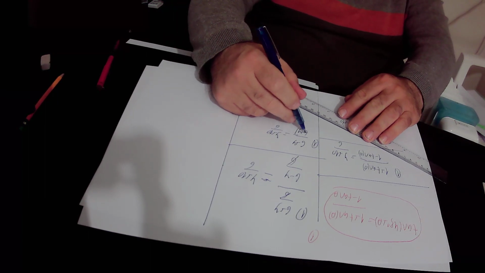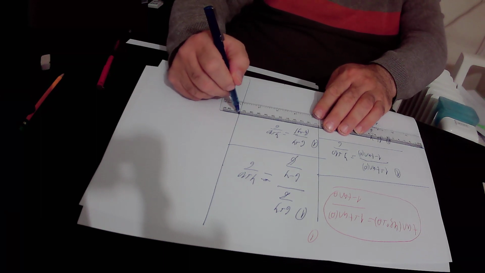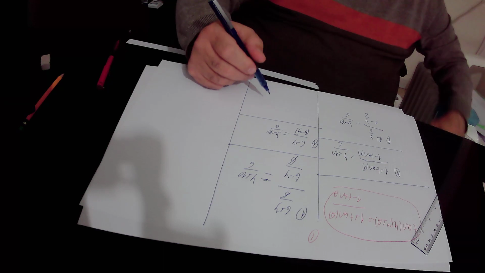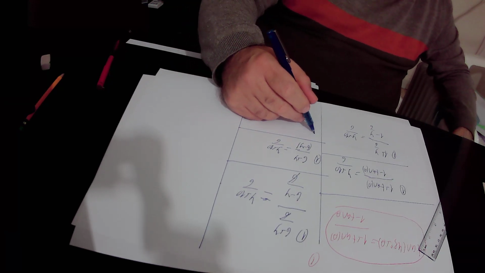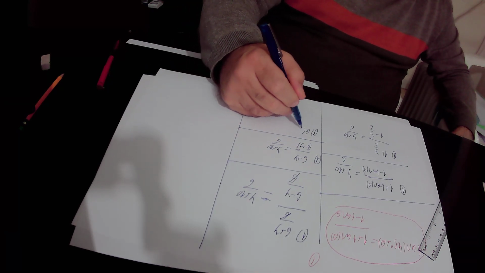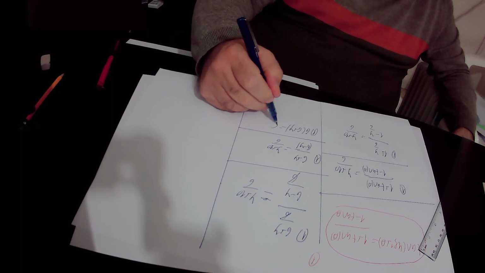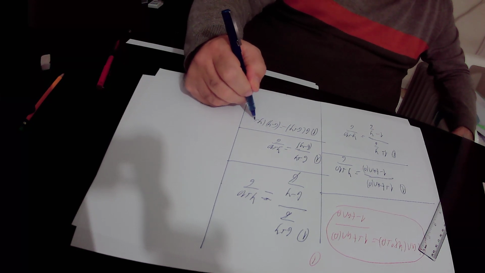Here we will cross multiply this equation, equation number 1, and you will get that according to equation number 1, 6 times 6 plus y equals 6 minus y times y plus 10.